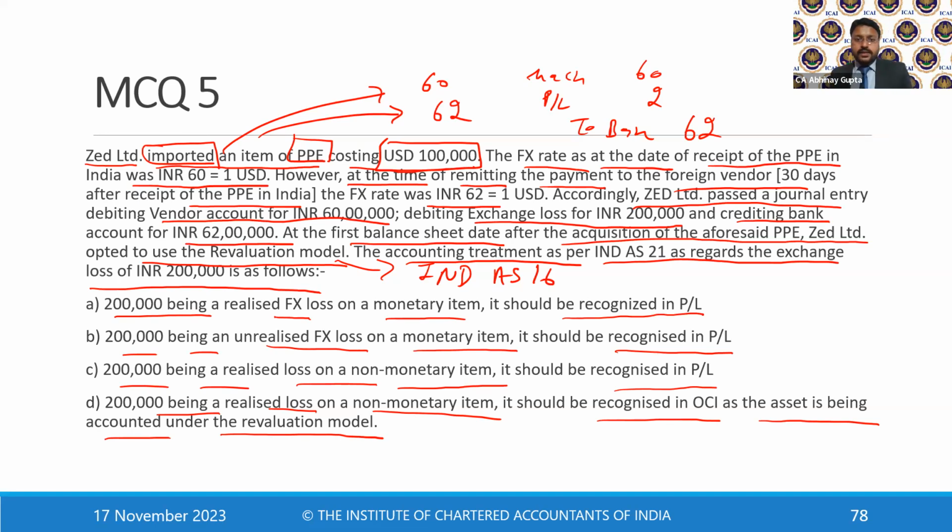Now, the question is whether this 2 lakh, which the company has recognized in P&L, is the right treatment as it was a realized forex loss on a monetary item, or an unrealized forex loss on a monetary item, or a realized forex loss on a non-monetary item, because machinery is a non-monetary item. Hence, instead of recognizing it in P&L, it should be recognized in OCI. So these are the four options: A, B, C, or D.